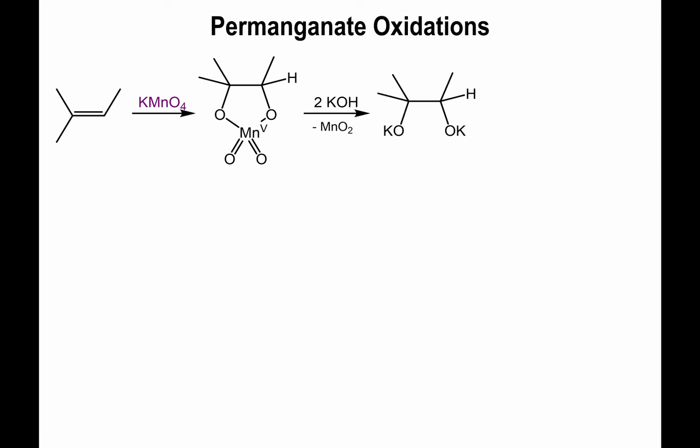But then you still have potassium hydroxide present in your solution, and so the manganese 5 is displaced by the hydroxyls right here, or the potassiums if you want to look at it that way, and the manganese 5 ultimately gets turned into manganese 4 in the manner that I explained a little earlier.